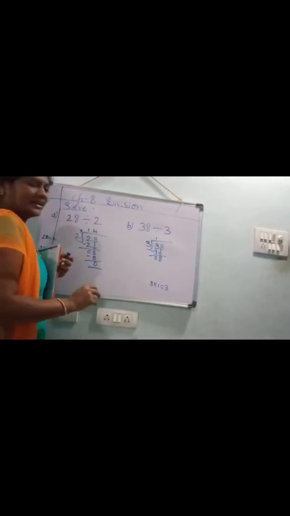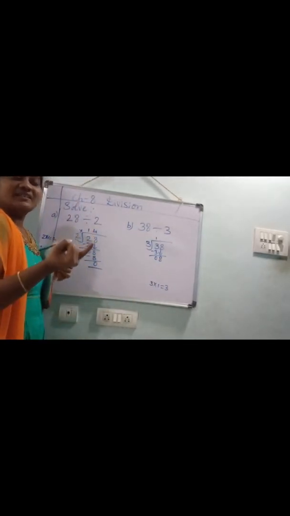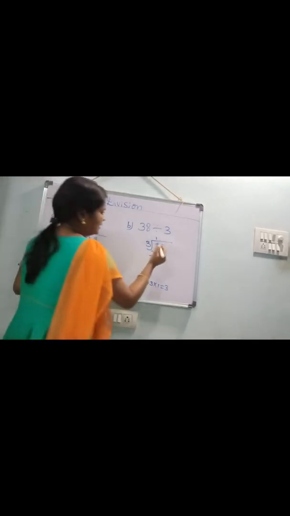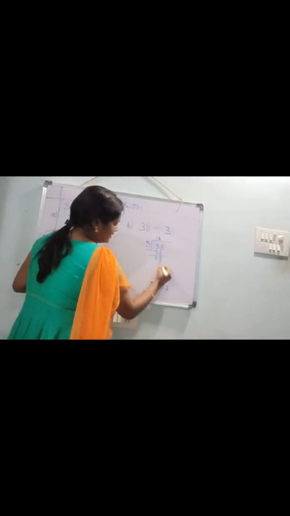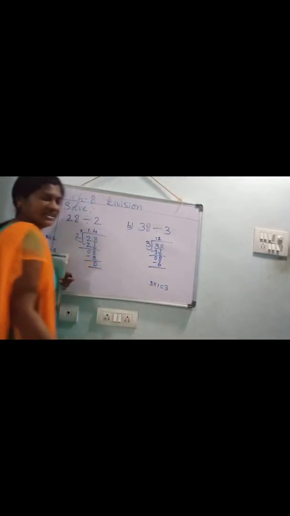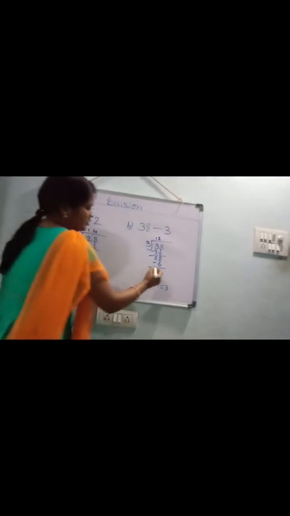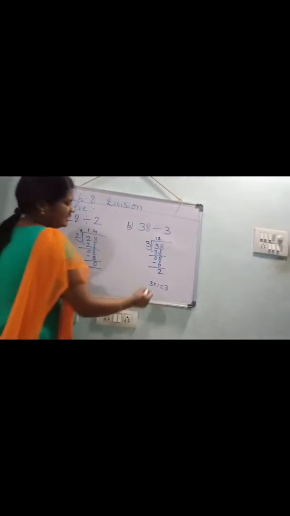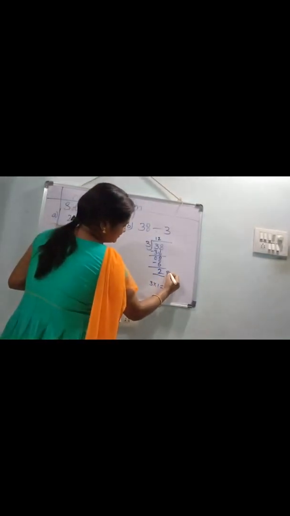That's why you should write 6. Yes, 3 twos are 6. 8 minus 6, 2. See here, you got a remainder.